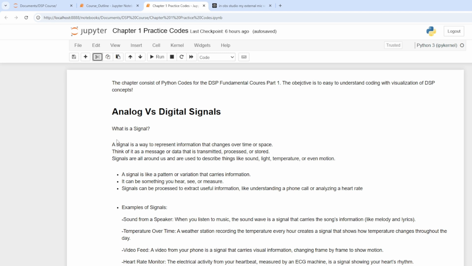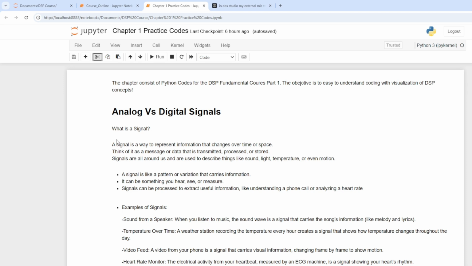So if we want to define it, a signal is some sort of way to represent your information that can change over time or space. So let's think of a message carried out, or data that is being transmitted, processed and then stored over time in our daily life.